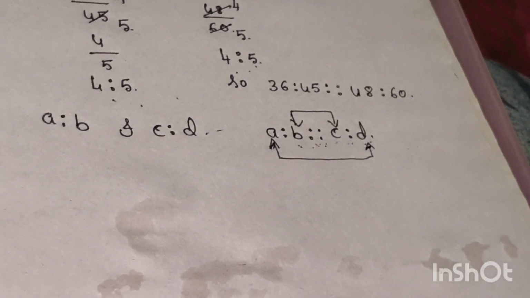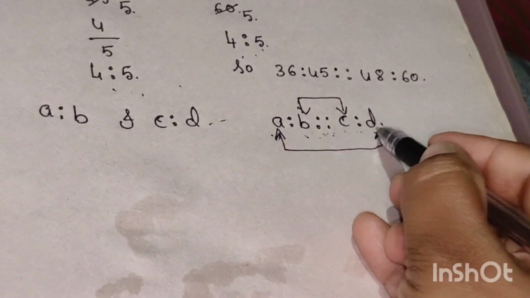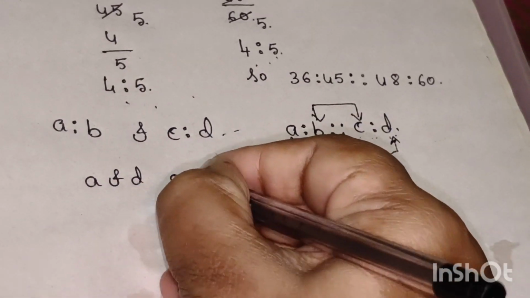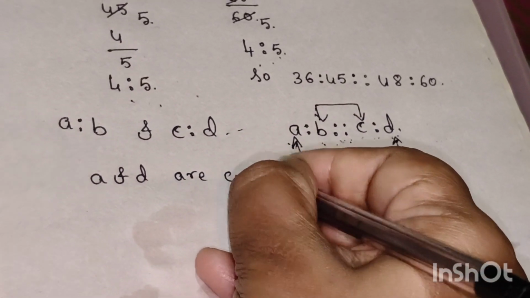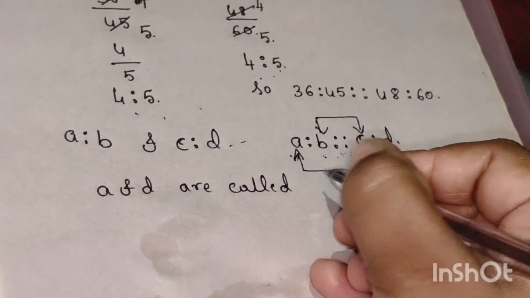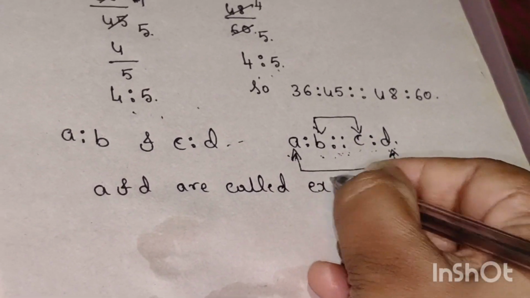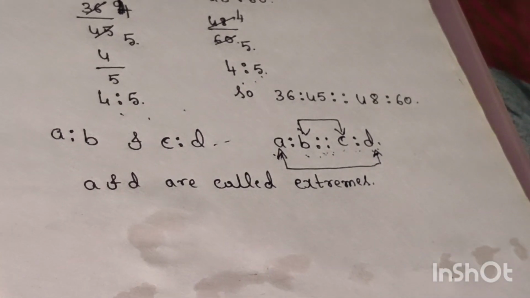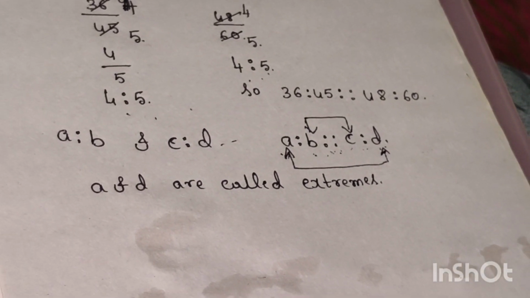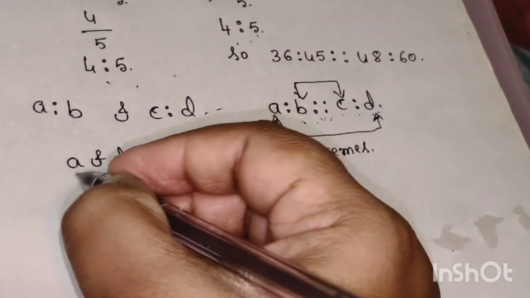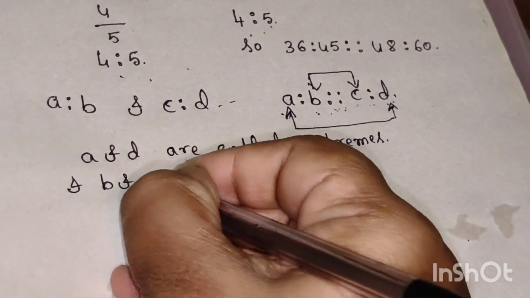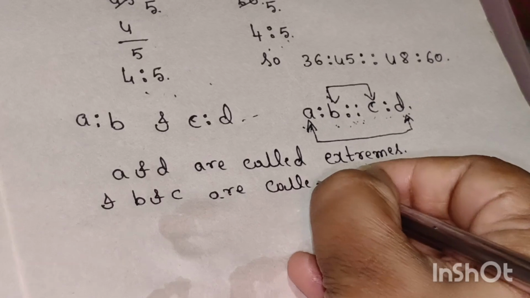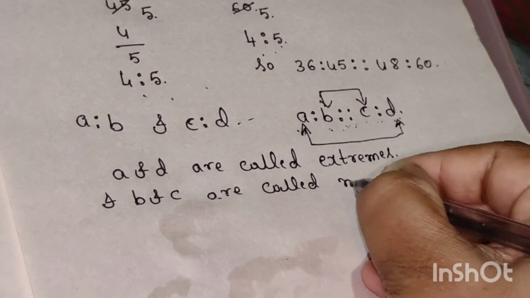B and C. The end numbers A and D are called extremes, and B and C are called means.